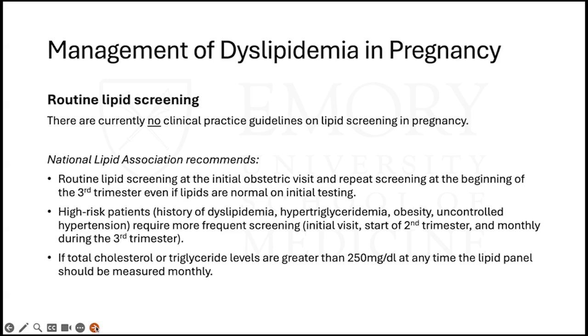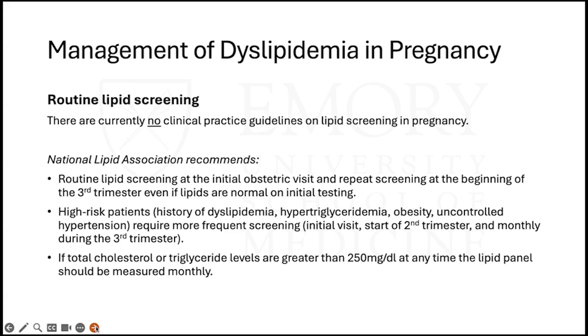And then for high-risk patients, such as patients who have FH or just a history of dyslipidemia, hypertriglyceridemia, patients who are obese or have uncontrolled hypertension or diabetes, those patients require more frequent screening. And so what they recommend for high-risk patients is that you get a lipid panel at the initial visit, and then at the start of the second trimester, and then monthly afterwards, starting at the third trimester.